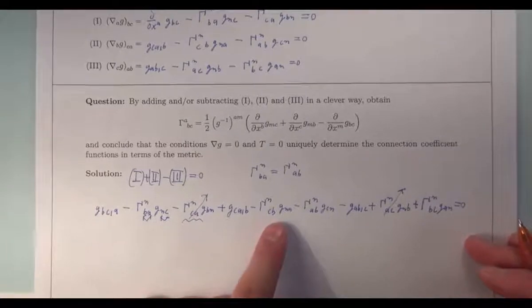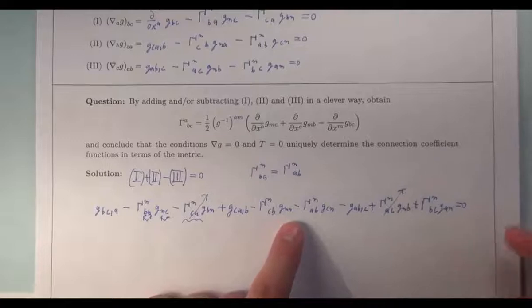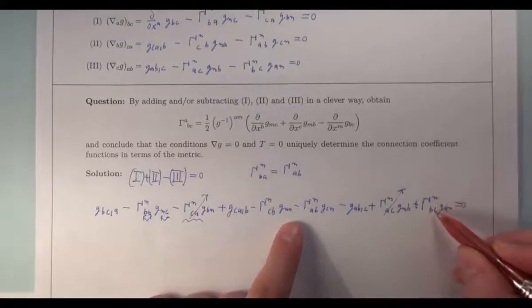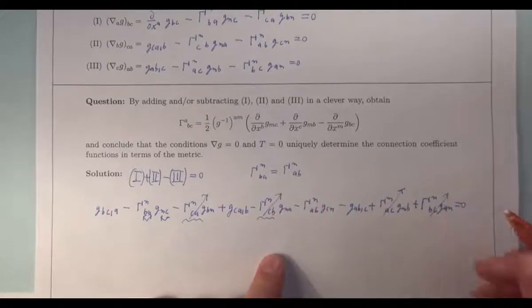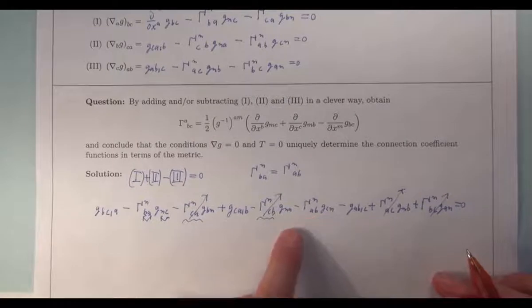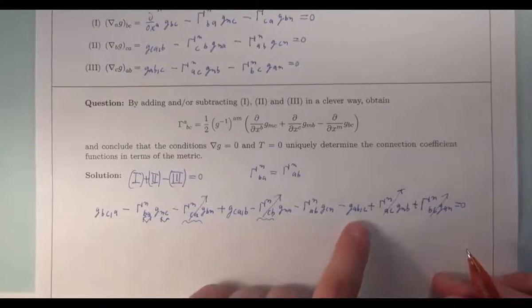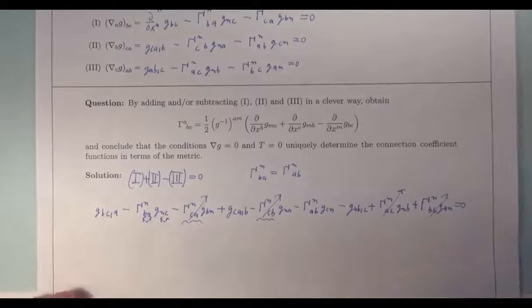Next term, we look at gamma NCB GNA, and we also found it here. Gamma NBC can be switched, GAN. Nice. Same argument as before. So we see this is given twice, and only these 3 other components are still there.